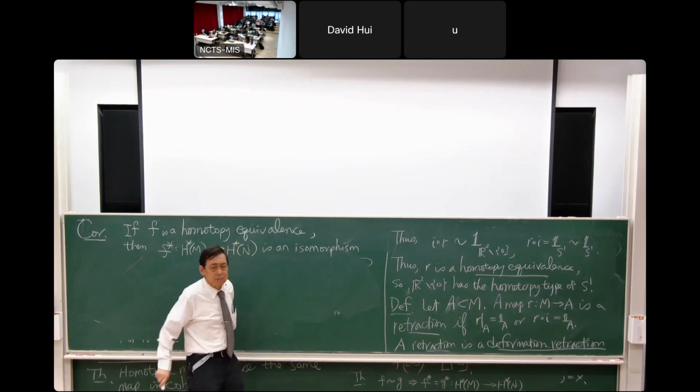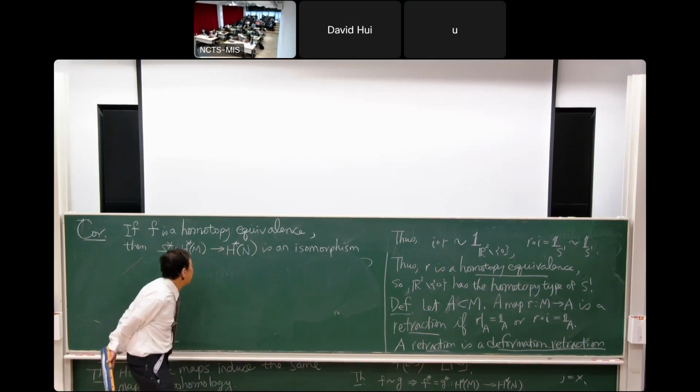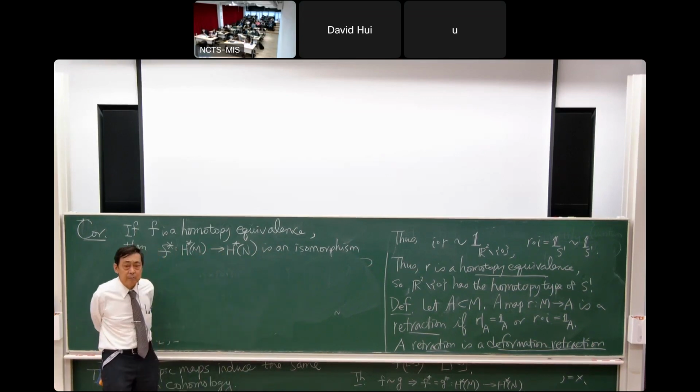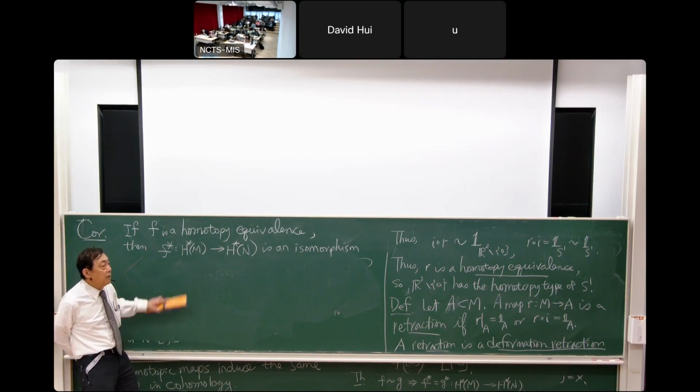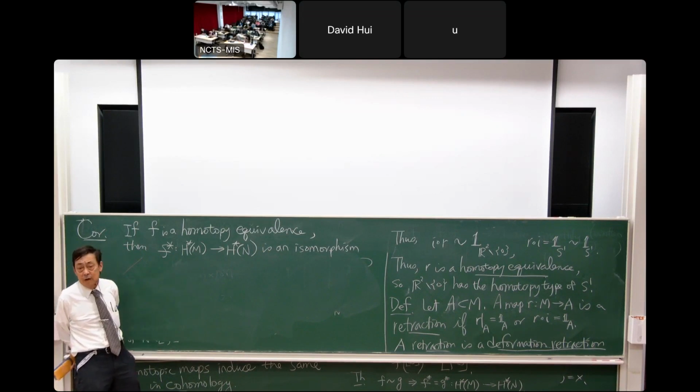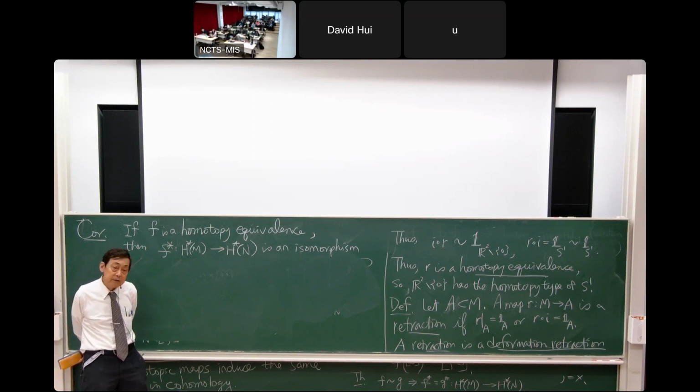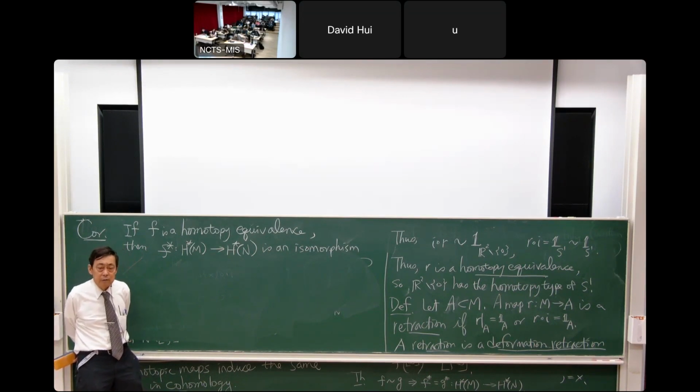Well, what kind of isomorphism? It's certainly a linear isomorphism of vector spaces, but cohomology actually has a product structure given by the wedge product. So cohomology has three operations: addition, scalar multiplication, and the wedge product. The wedge product makes it into a ring.